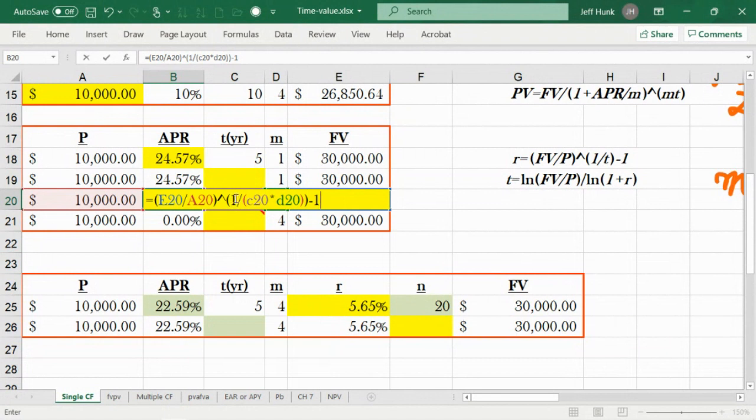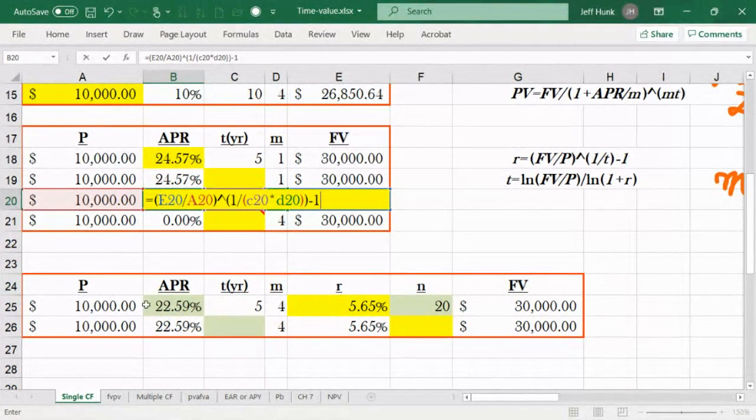Without the parenthesis, what's going to happen? It's going to do 1 divided by C20 first, and then the result will be multiplied by D20, and it's going to be a completely different result. So you should be careful. It's always PEMDAS, right?